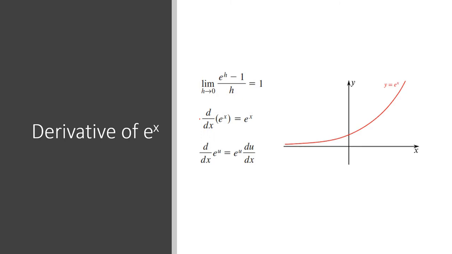Now, if we graph the function y equals e to the x, we get this exponential growth graph. Just a quick reminder, e, also known as the Euler number, is a natural number, much like pi or the golden ratio.